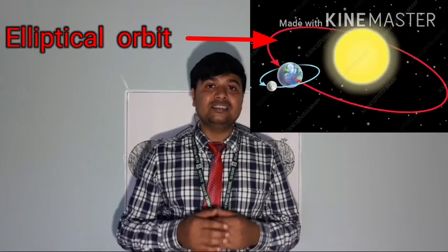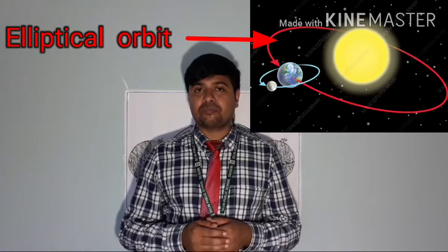So, as you know, our planet Earth revolves around the sun on its own orbit, and the orbit of planet Earth is elliptical.